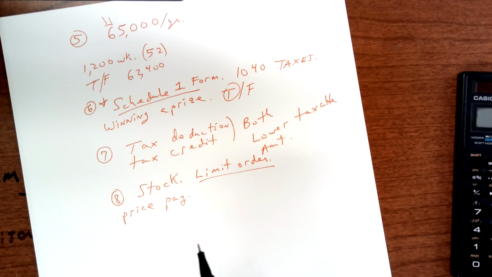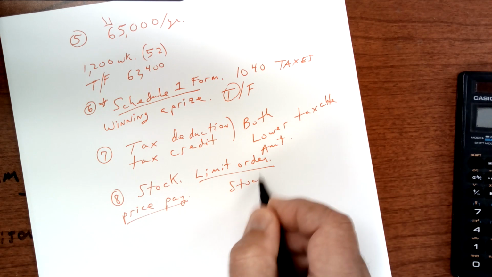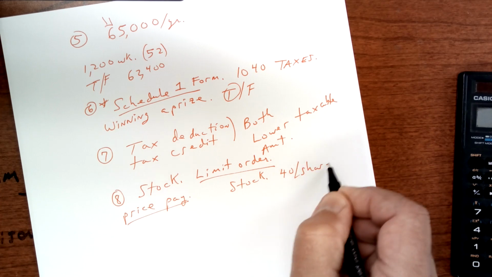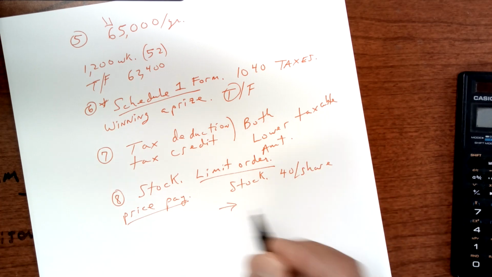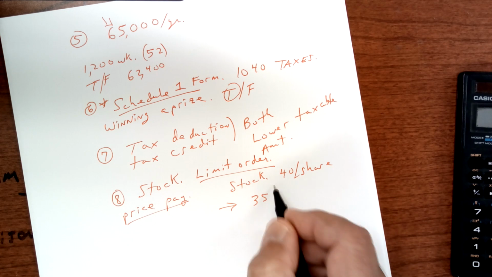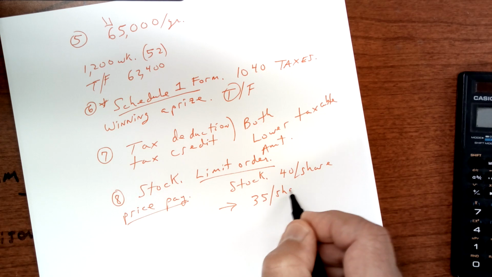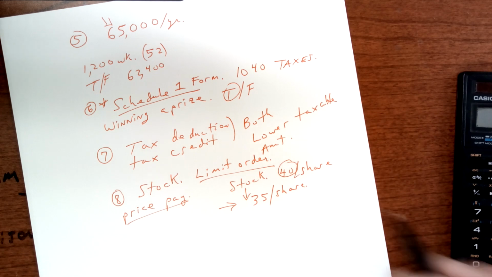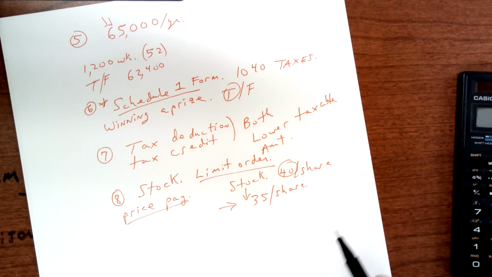If the stock does not fall to that price, so let's say the stock right now is $40 a share, and you put in a purchase order for $35 a share. If this stock never falls to that $35 that you have a limit on, you're not going to make that purchase. All right, let's go on.